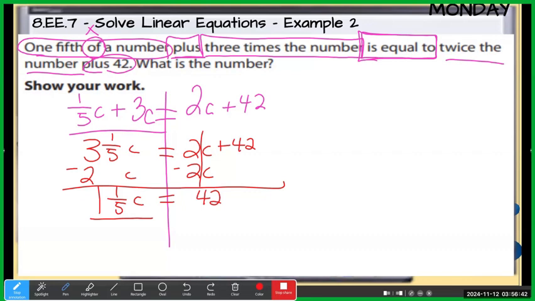One question. 1.2. He's the only one who recognized he had to turn that into a decimal. We can't divide until we know what 1/5 is as a decimal, which is 1.2. So now I got 42 being divided by 1.2.